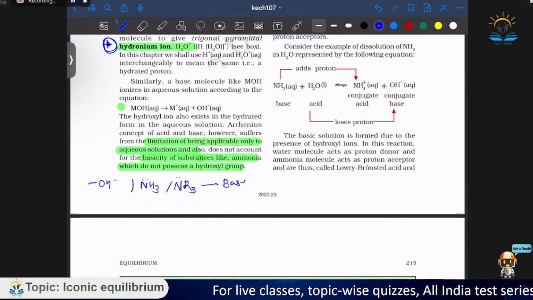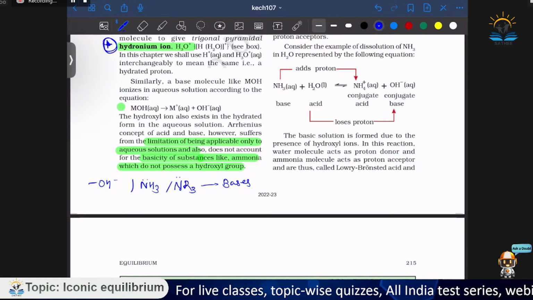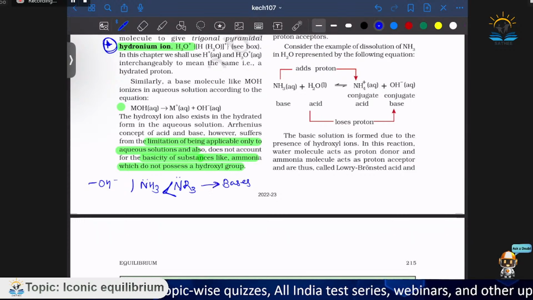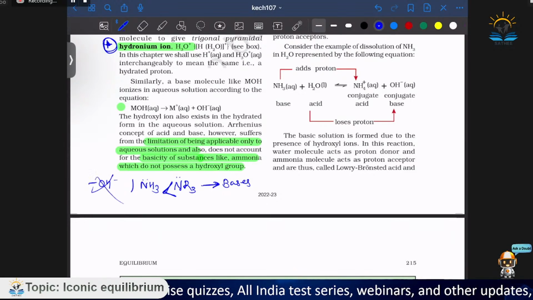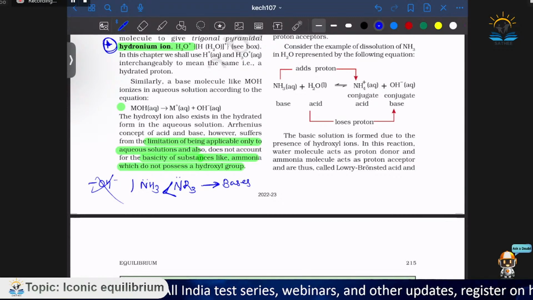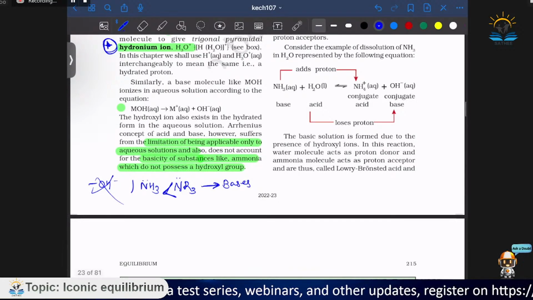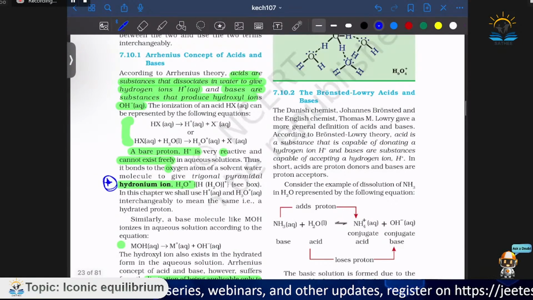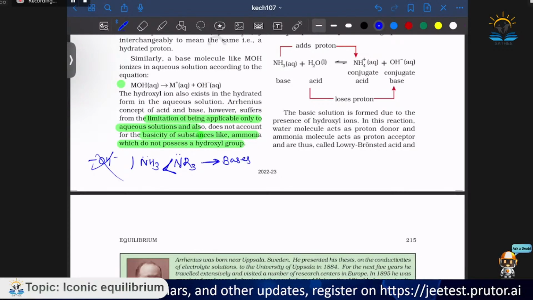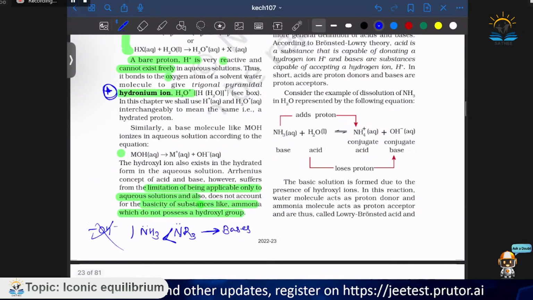Okay, they show basic character. If you ask me, NR3 is more basic than NH3, but none of them release hydroxyl ion. So according to Arrhenius, you cannot say that they are bases, but we have seen their basic nature experimentally. It was proved. That is why this has been called a limitation of the Arrhenius concept.